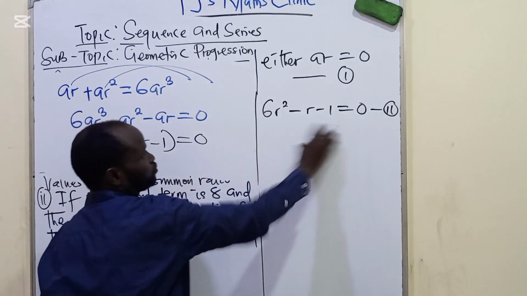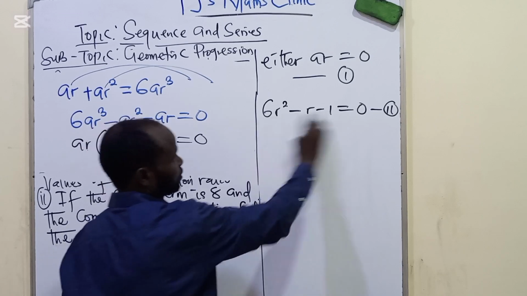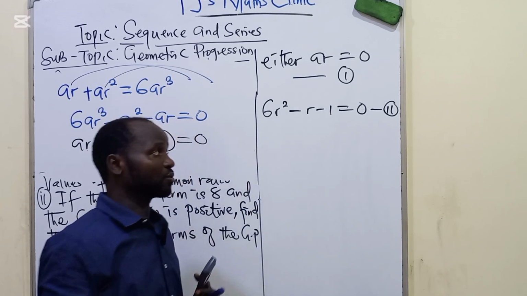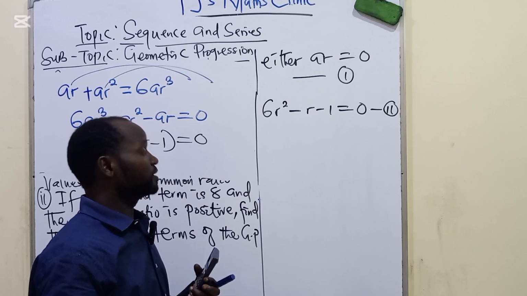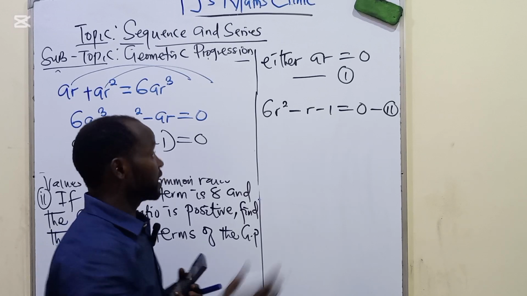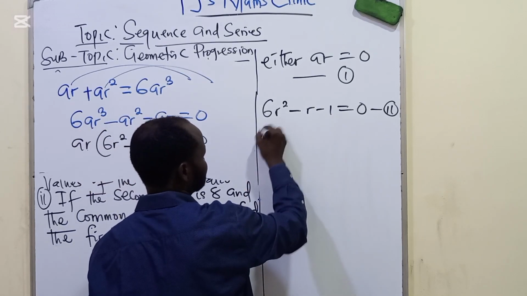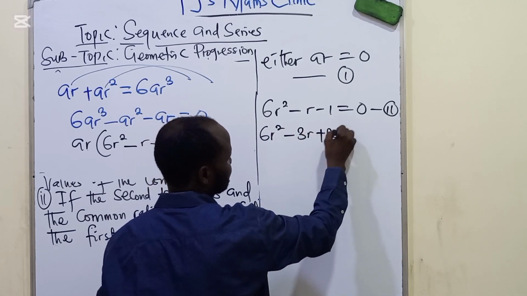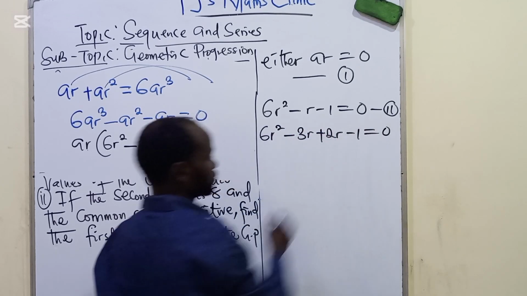But let's use equation 2 and see. This is a quadratic equation. Two factors of 6 that can give us minus 1 are minus 3R and plus 2R. If we factorize, this will be 6R squared minus 3R plus 2R minus 1 equals 0.